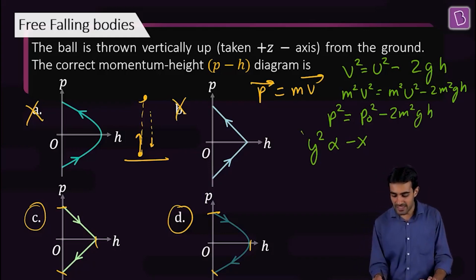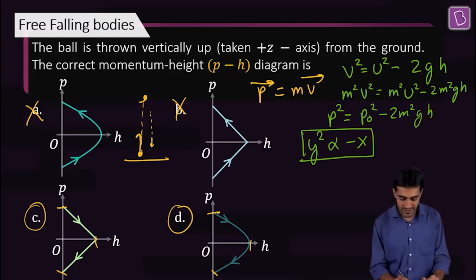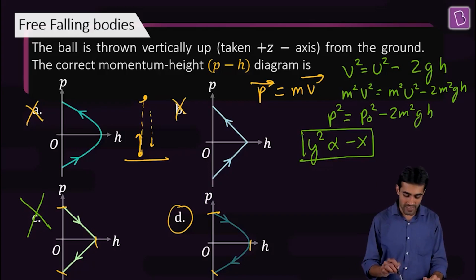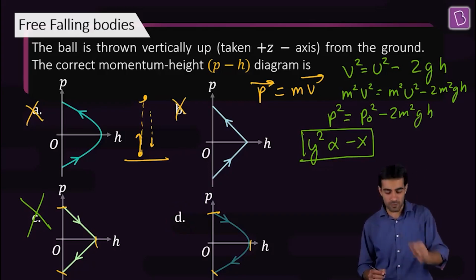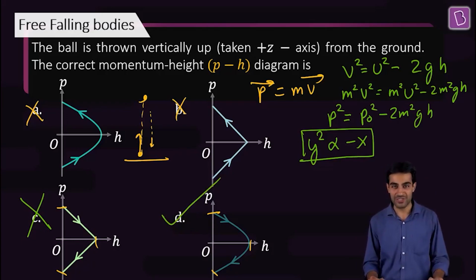So this equation is not a straight line equation. So option C is also eliminated, and we are left only with option D. So that would be the correct answer for our question.